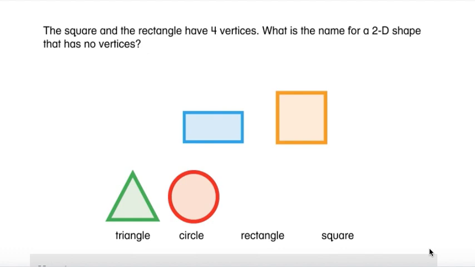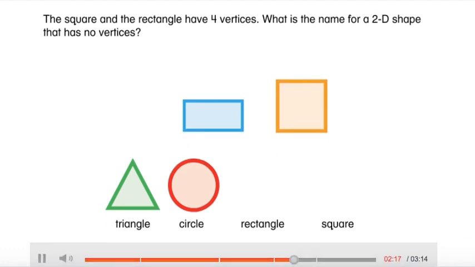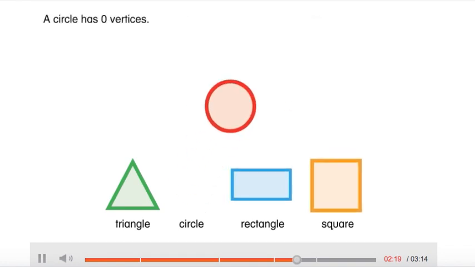What is the name for a 2D shape that has no vertices? A circle has 0 vertices.